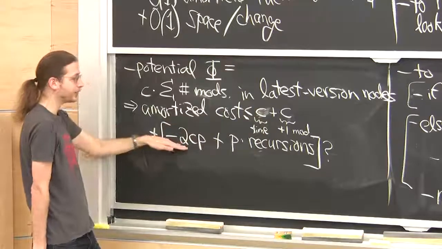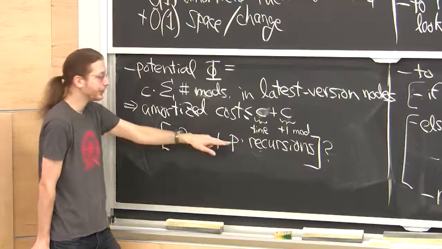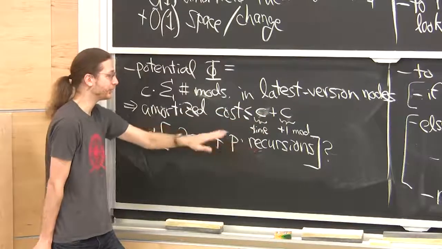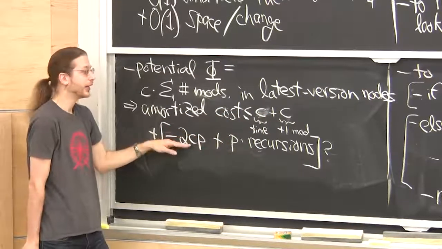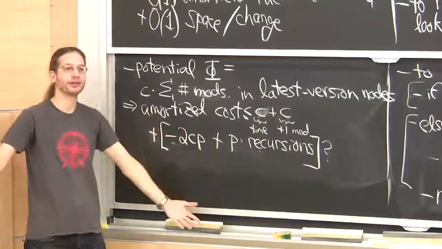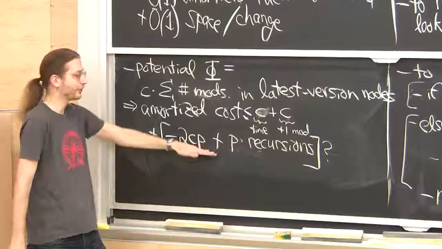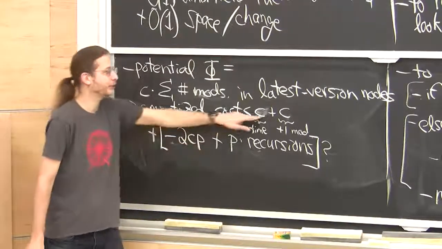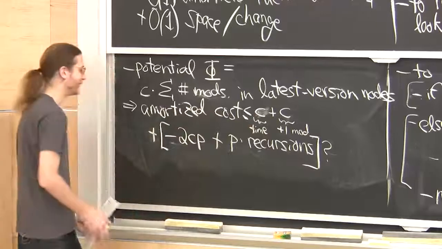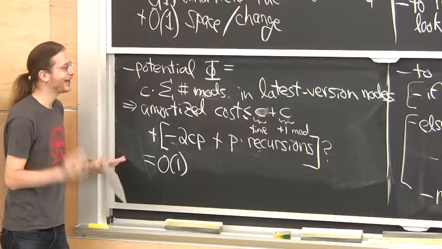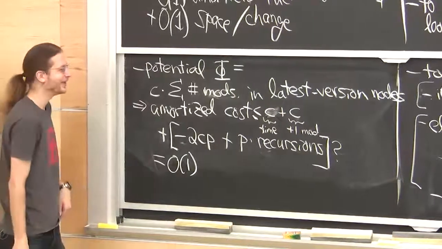Okay, but then there's this minus 2CP. So we're going to get P times 2C here. That's the initial cost. So that will cancel with this. And then we might get another recursion. But every time we get a recursion, all the terms cancel. So it doesn't matter whether this is here or not. You get 0. Which is great, and you're left with the original 2C. So constant.